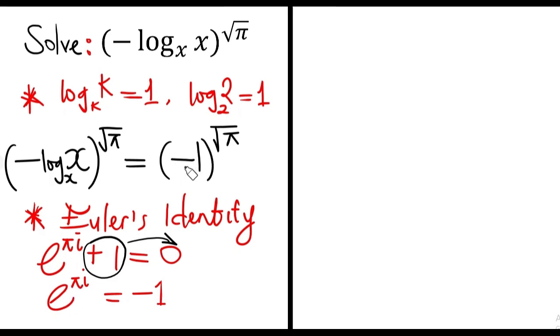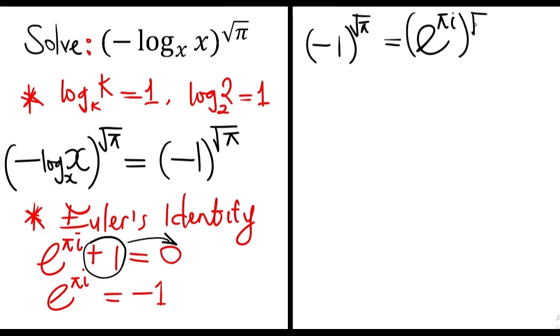So my expression can now be written as (minus 1) all in parentheses raised to the power of root pi now equals (exponential pi i) all in parentheses to the power of root of pi. The only thing that changes here is this being substituted to this. The next thing is to apply one of the rules of indices.